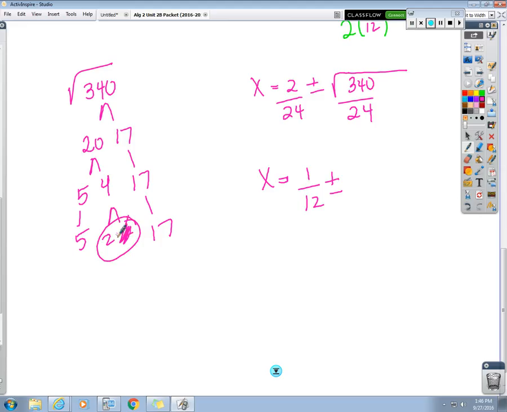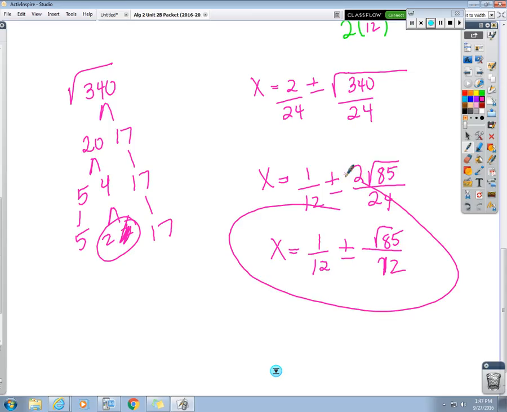So kill 1, kick 1, 2 out. And then 17 and 5 go back inside, which is what? You multiply. 85, and then over 24 still. So now can I go one more step? Because now that right fraction can also simplify to 1/12, but you don't have to write the 1 on top, just on bottom. So there's the final answer.